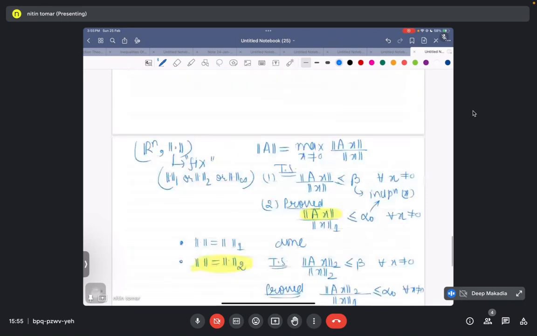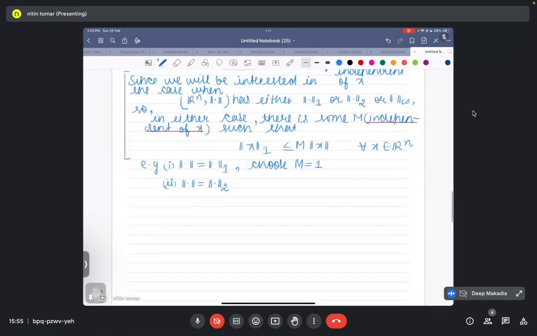So all I'm saying is, in either case, it doesn't matter what your given norm is. You can always bound norm 1 by, you can always have this relation. I just proved it for you. Yes or no?